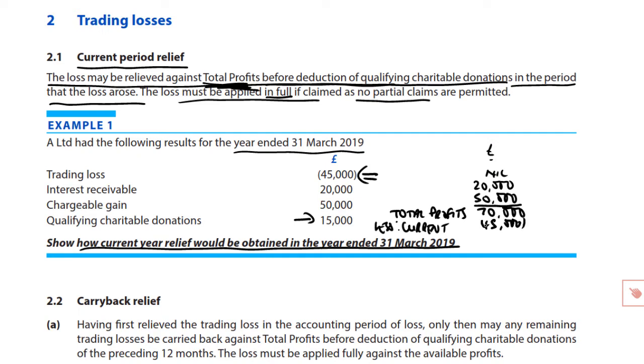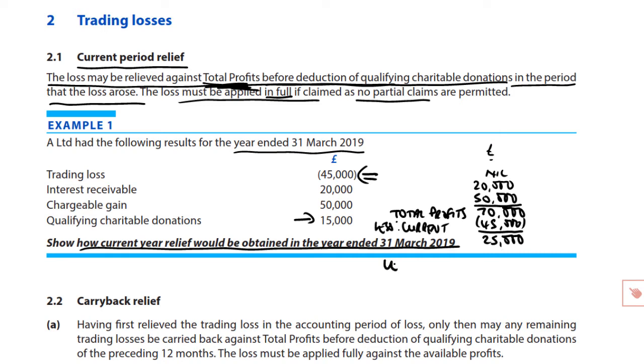Now on this occasion, there is more than enough profit to absorb that loss, and that will still therefore leave, well, what will that be, 45 from 70? It'll still leave £25,000 of remaining total profit.